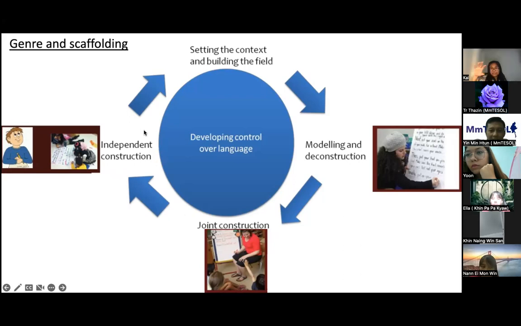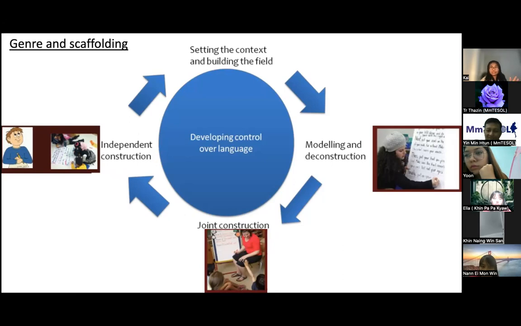In the previous stages, in the first stage, we have already built strong context and content information for the students with reading or listening and some speaking and interaction activities. In the next stage, we modeled writing. And in the next stage, we write the essay together with the students.